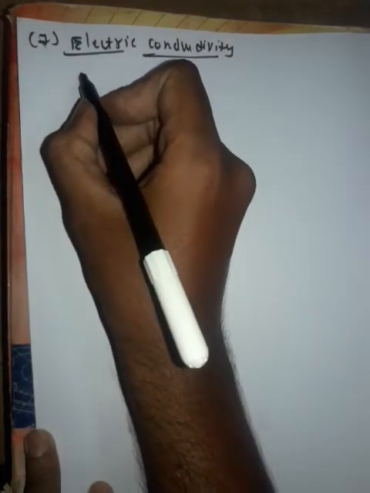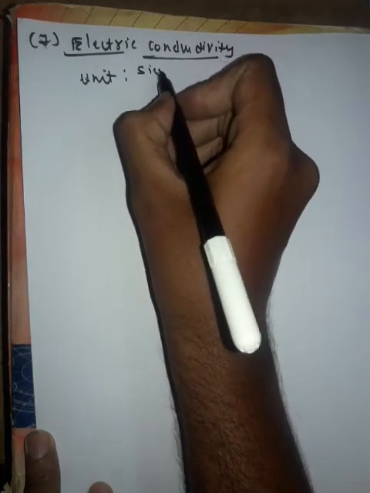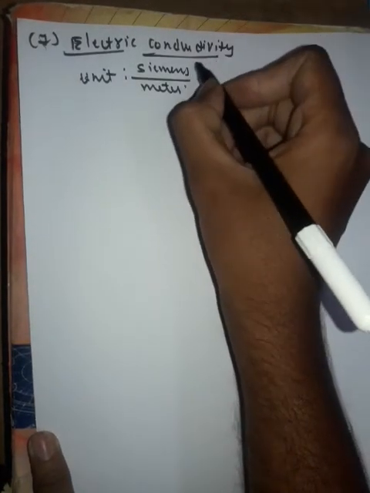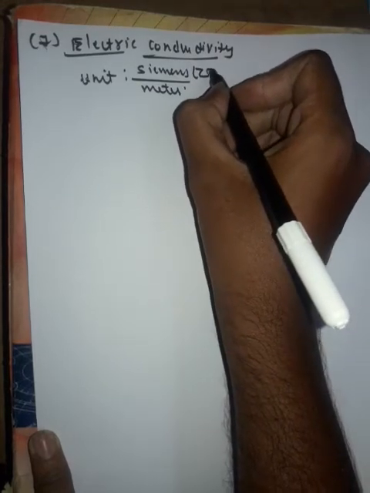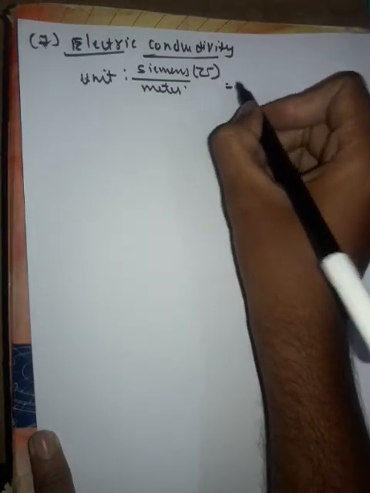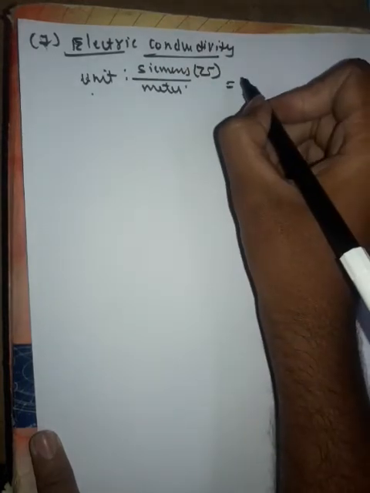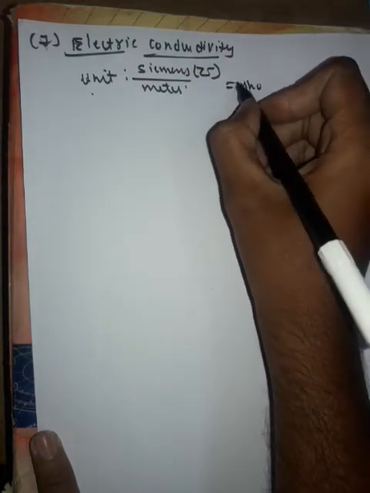The unit of electric conductivity is Siemens per meter. Siemens is nothing but the inverse of ohm. It is the inverse of ohm. Okay. The unit is also equal to mho.